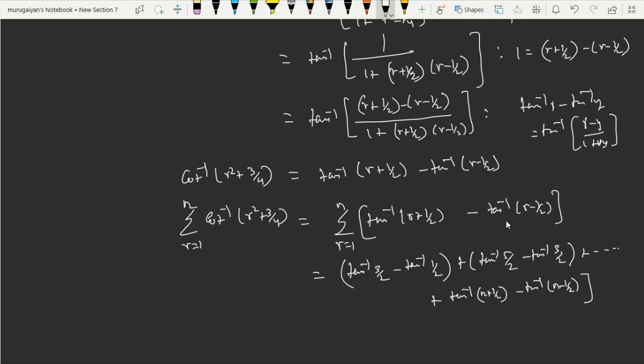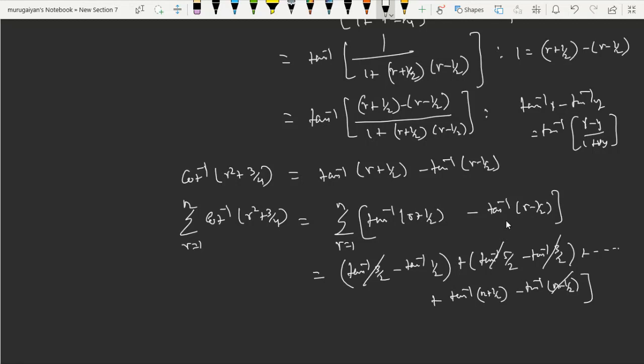After cancellation, if you look, tan inverse of 3 by 2 positive and tan inverse of 3 by 2 negative cancel. Similarly, the others cancel. These two are left.